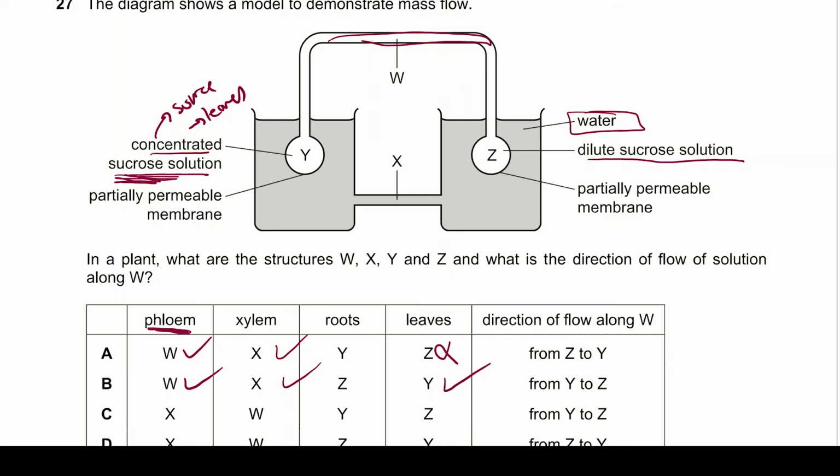So Y must be the leaves. Direction of mass flow along W. As we all know, sucrose moves from a higher sucrose concentration to a lower sucrose concentration down the hydrostatic pressure gradient. So it's definitely going to be from Y to Z. So the answer is going to be B.